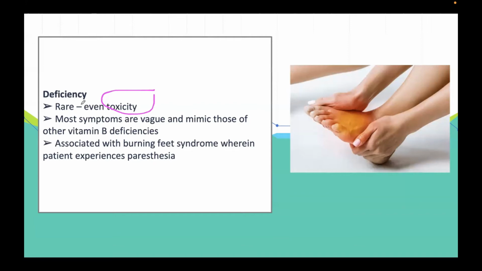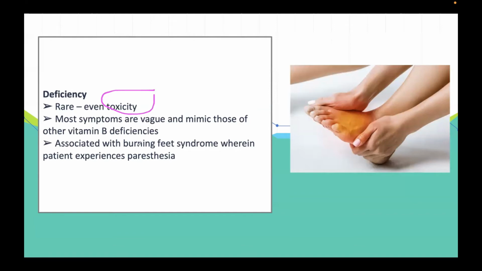Okay. However, there are still bad effects when our intake of vitamin C is excessive, but that is for the discussion later. To give you an example, it is less likely to experience toxicity of the water-soluble vitamins because they are being excreted in the urine. And then most symptoms are vague and mimic those of your other vitamin B deficiencies.